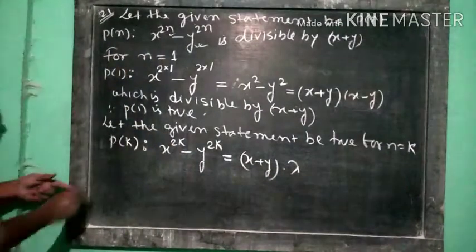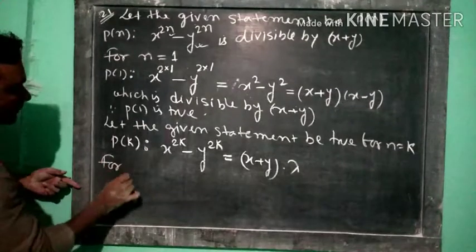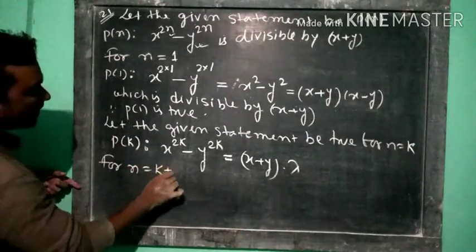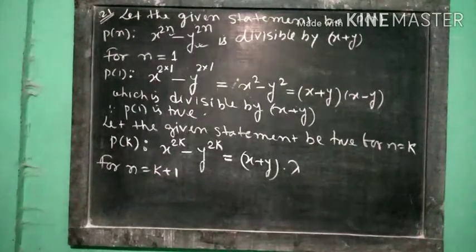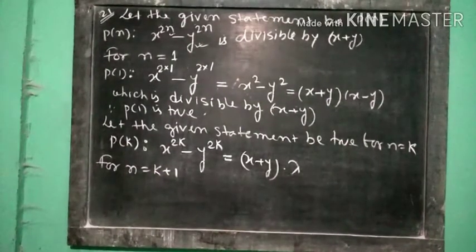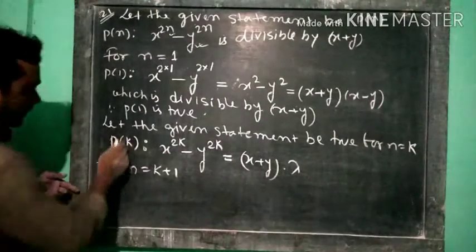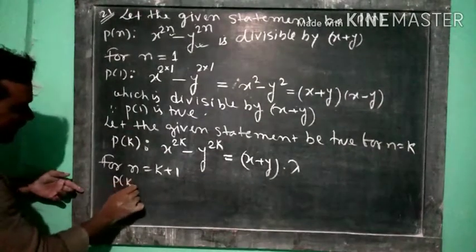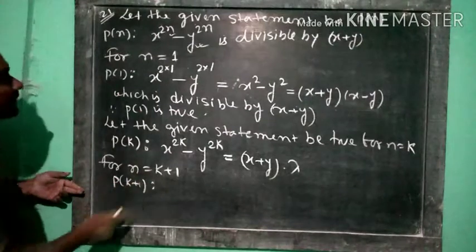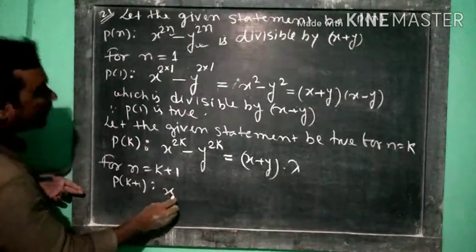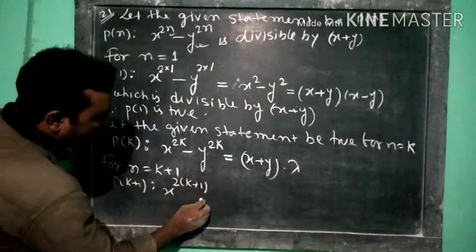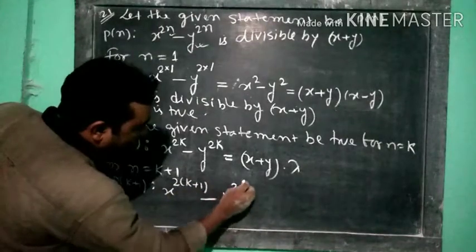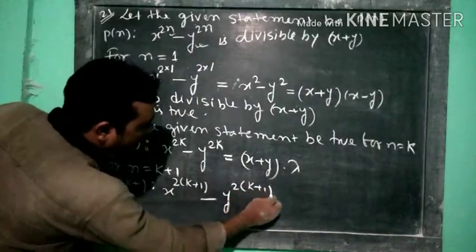Okay, now step number 3: for n equal to k plus 1. For n equal to k plus 1, this is equal to P of k plus 1 such that x to the power 2 whole into k plus 1 minus y to the power 2 whole into k plus 1.